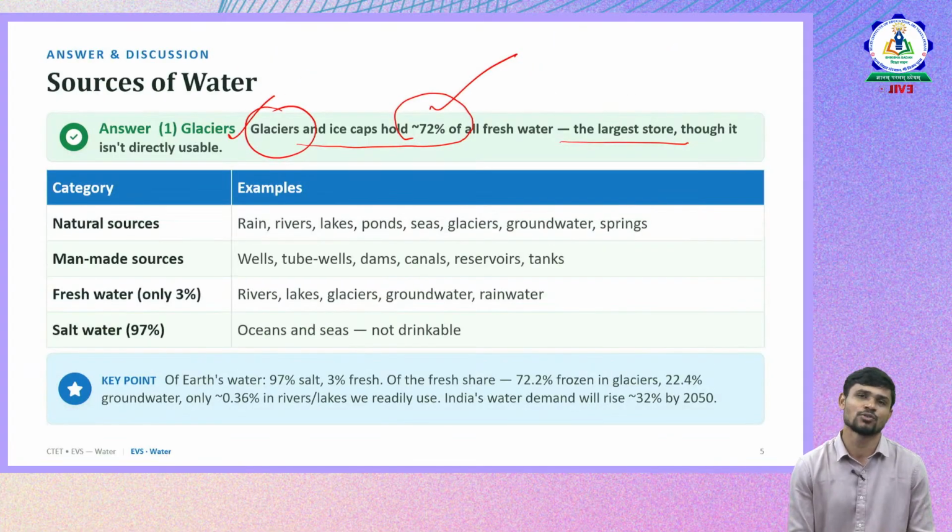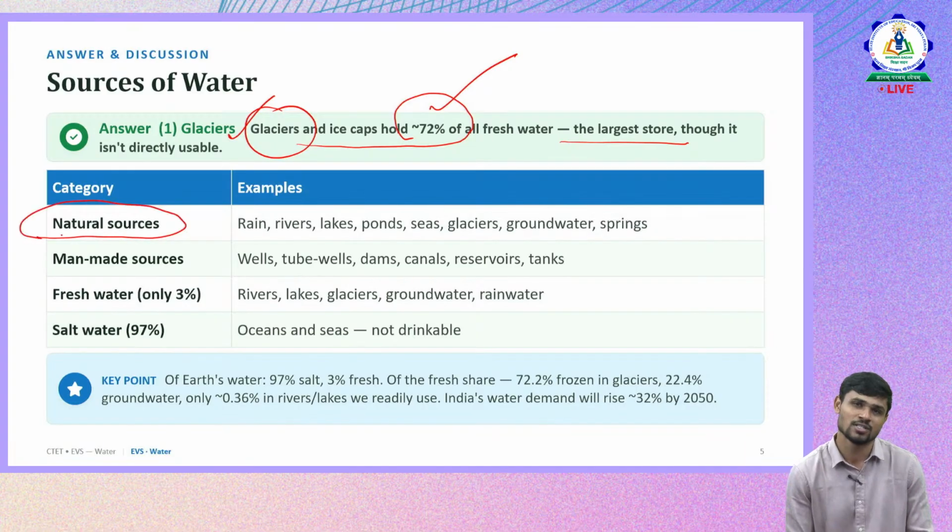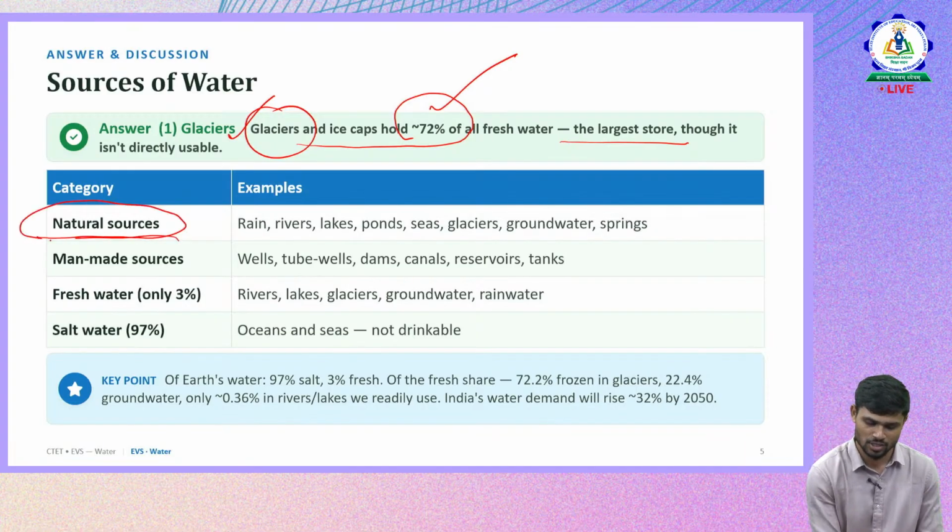So based on this question, let us know a few more details about the sources of water. What are the other sources that are there, and what types of sources are there? There are natural sources and man-made sources of water.